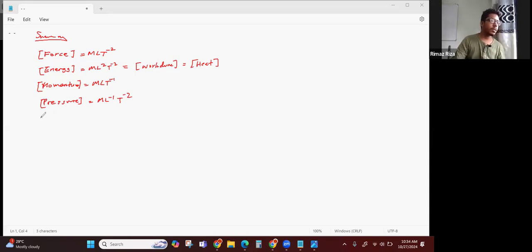What else? Torque. Torque also has the same dimension as work done. So energy, work done, heat, and torque have the same dimensions. If you write this way, it will be easy to study as a mind map.